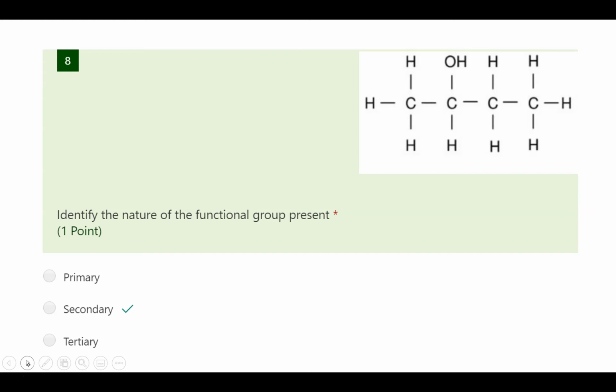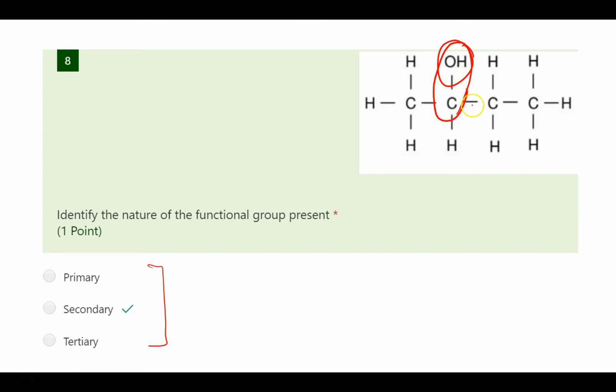Now we want to identify the nature of the functional group present. And here we're giving you the options of primary, secondary, or tertiary. So there's 2 of these questions in the paper. One is for alkanols, one is for, I think, amines. We'll get to that as we get to it. But with alcohols, there's our group there. That's our functional group. We look at the carbon it's attached to. So we look at it as this unit.